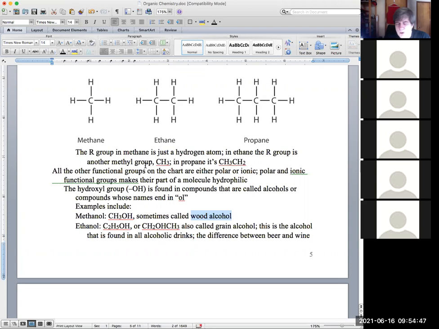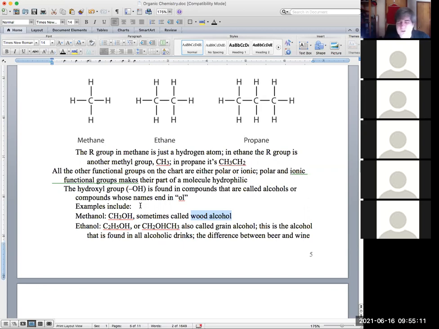Now notice with both methanol and ethanol, let's look at methanol first. If you think about the formula for methanol, CH3OH, well, that's not the easiest way to write that formula. Notice there's CH3, but there's another H here. So you could write methanol as CH4O.